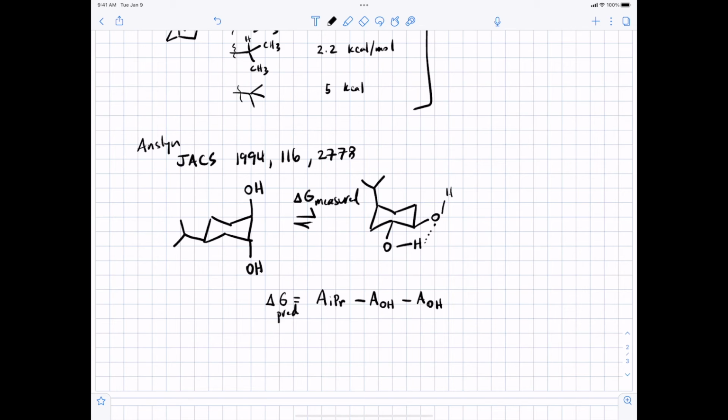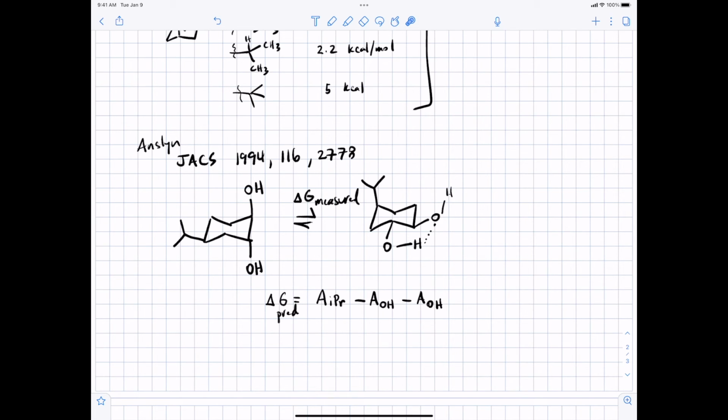yes? Are you adding the A value for the OH on the axial from the left side? What I'm trying to do is predict the difference in free energy between this conformation and this conformation. I think you're supposed to add up the axial value for the OH there and then subtract from this one, right?